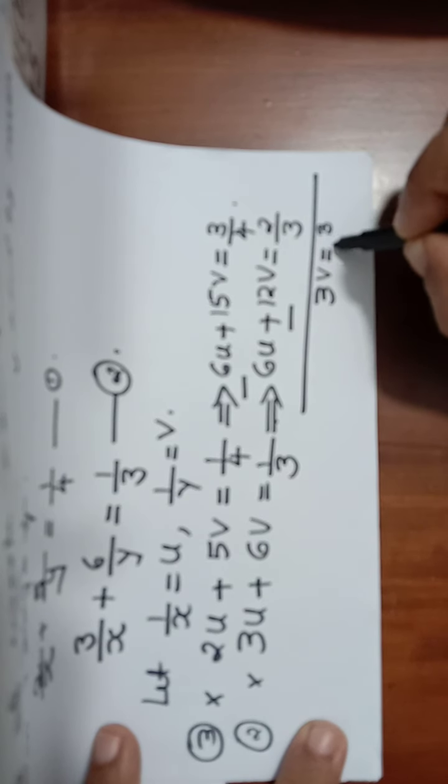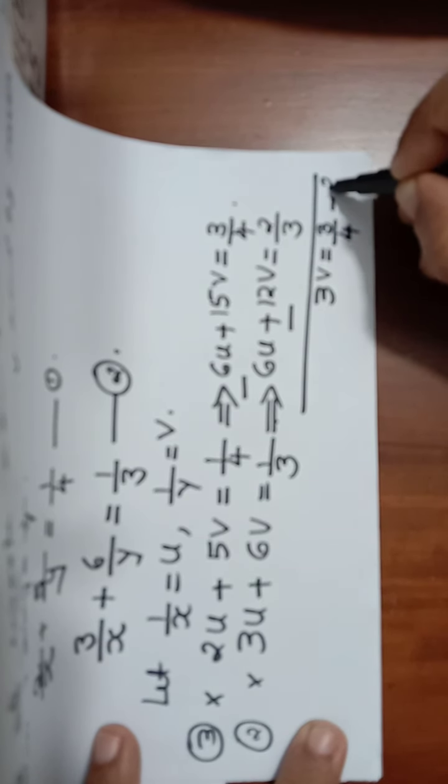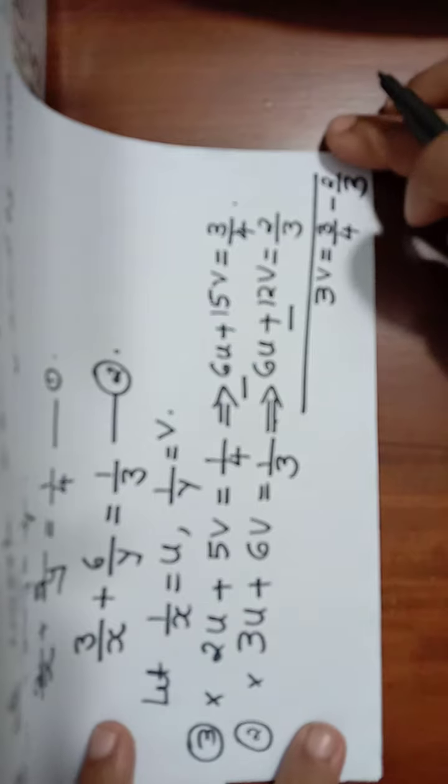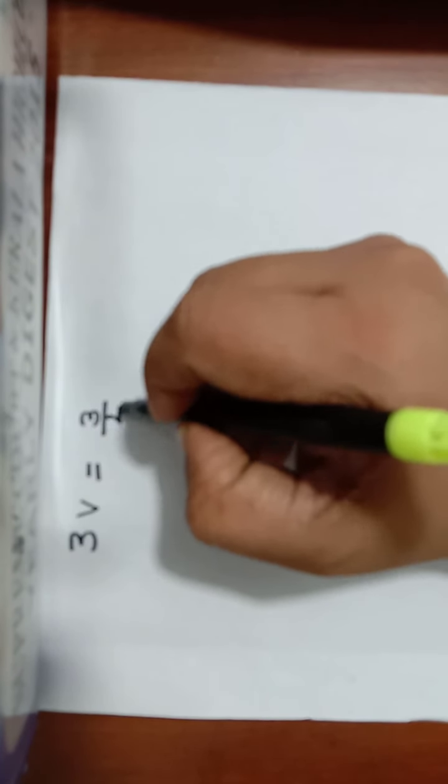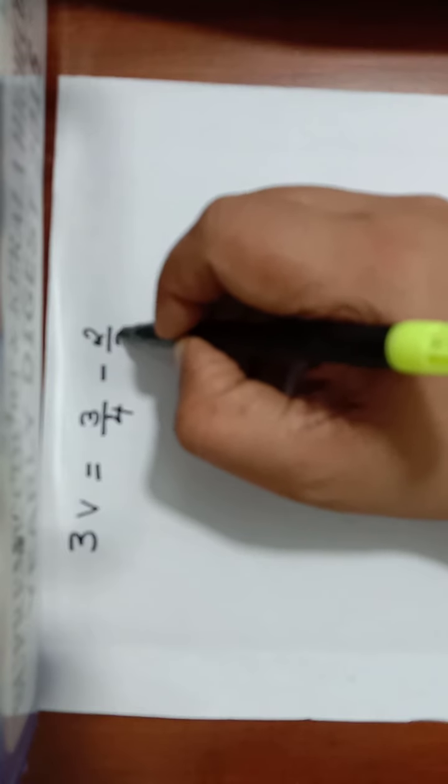That is 3 by 4 minus 2 by 3. So 3v equal to 3 by 4 minus 2 by 3.